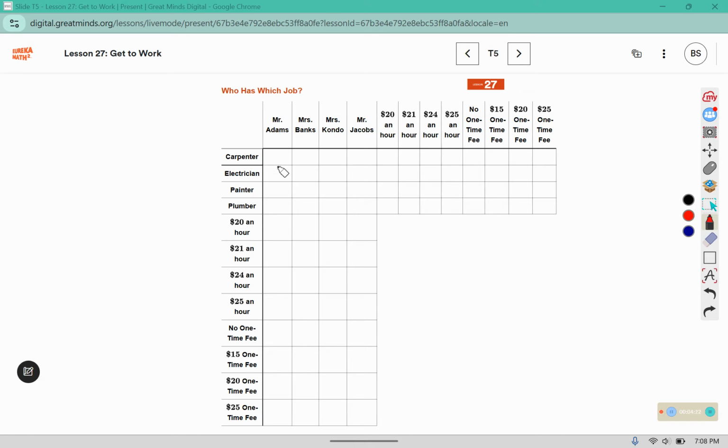So Mr. Adams and Mr. Jacobs. Clue 2 says Mr. Adams charges an hourly rate of $20. Oh, that's Mr. Adams. He charges a total of $75 for 3 hours of work, which includes the one-time fee.